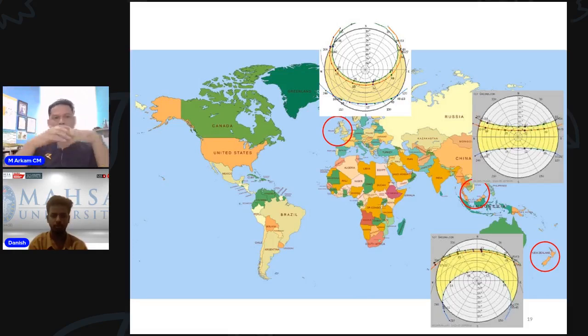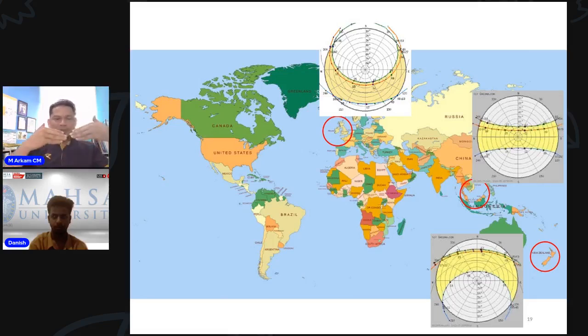So that is why in the northern hemisphere, in the UK and Europe, all solar panels face 60 degrees to the south. And that is the most common reference that we had in the book before we started our own solar power plant project. 60 degrees to the south, because we are referring to the UK.